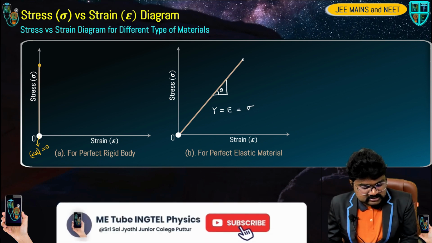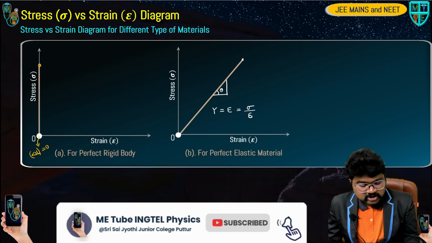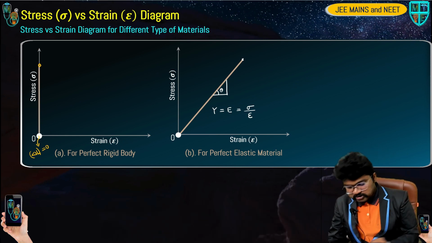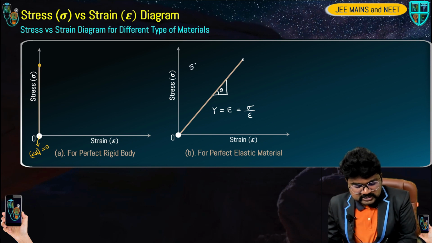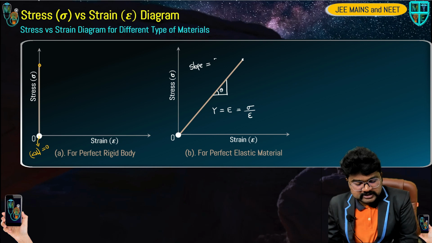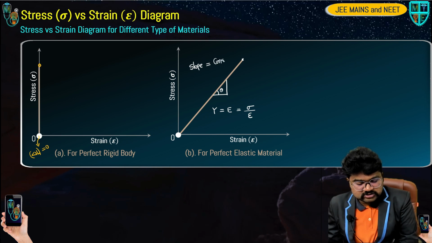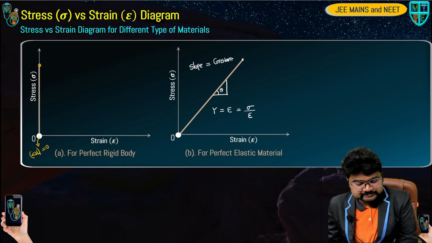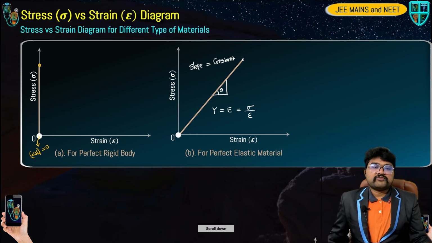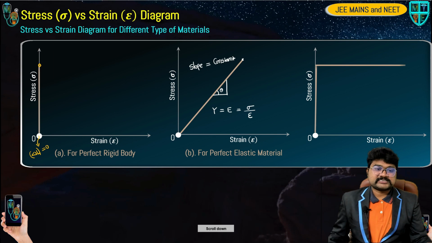This is nothing but sigma by epsilon. Constant slope. So the slope is constant throughout the diagram. That is the perfect elastic material.